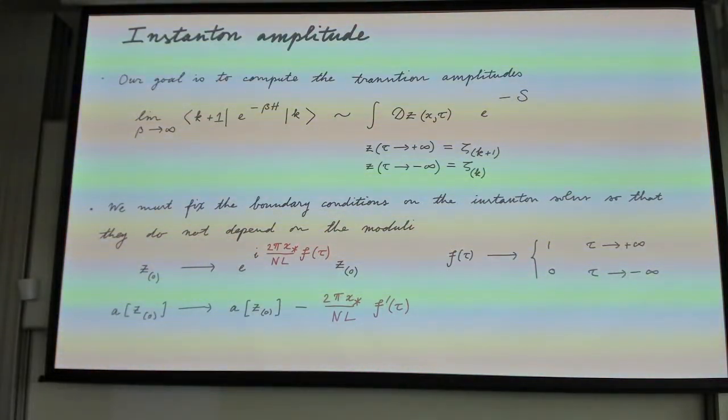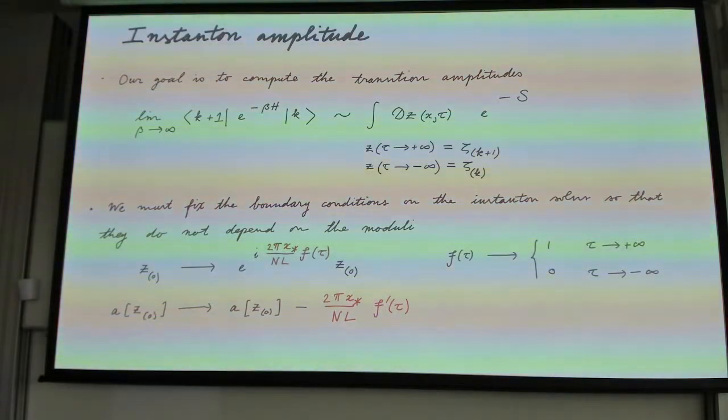But it's different when theta is not constant, in particular when it winds. To see this, we're going to have to be a little bit fussy about the boundary conditions. When I compute this transition amplitude, I'm computing a path integral with fixed boundary conditions on field configurations.